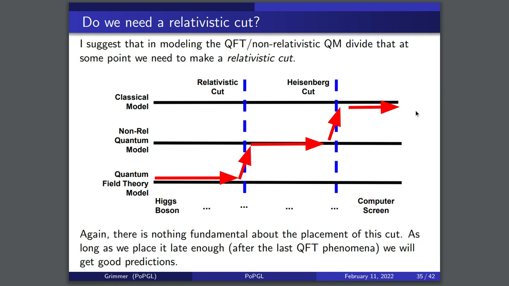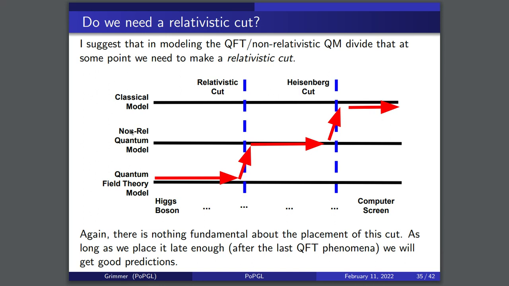Then, because there's no non-relativistic quantum model of light, we actually have to jump from our quantum field theory description of this collection of photons over into a classical model. We jump directly from the bottom line to the top line. So the relativistic cut and the Heisenberg cut can be taken at the same time, where we jump from this relativistic treatment of the light in quantum theory to a treatment of light in special relativity up here, and we jump both of them at once.